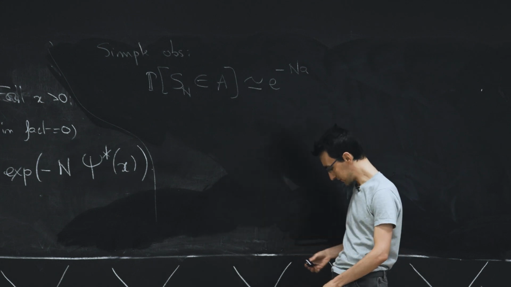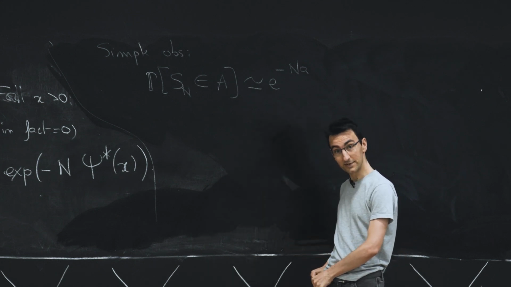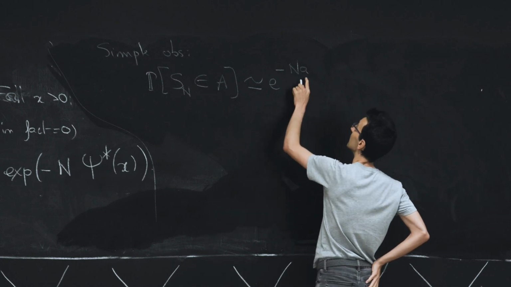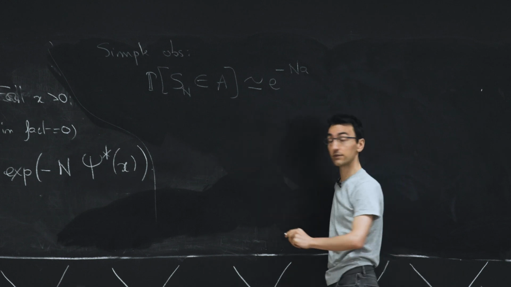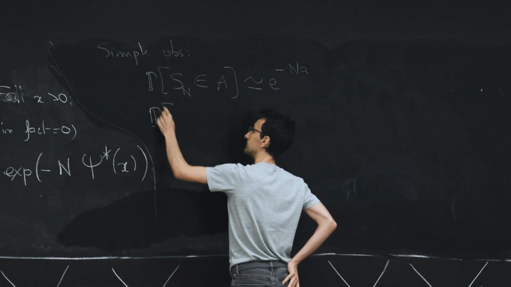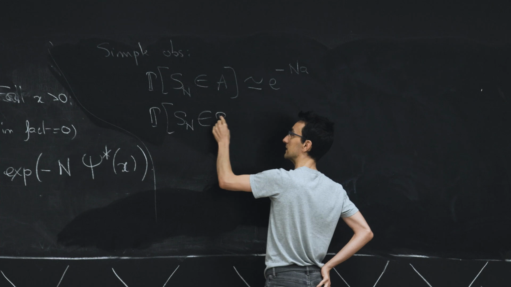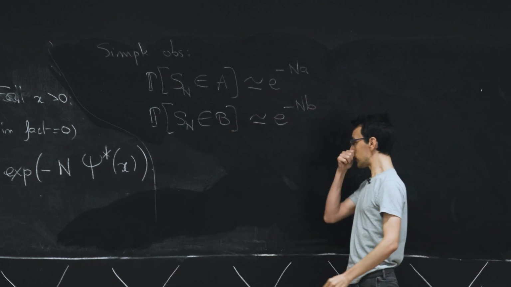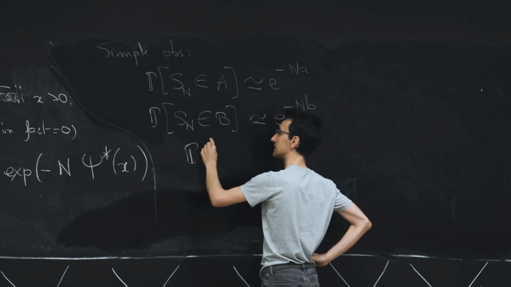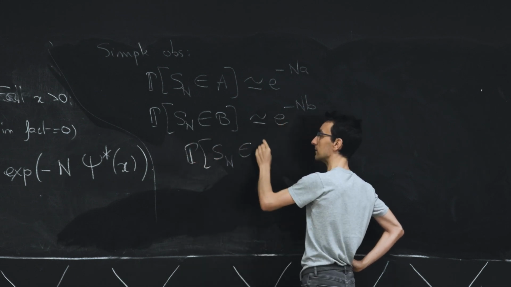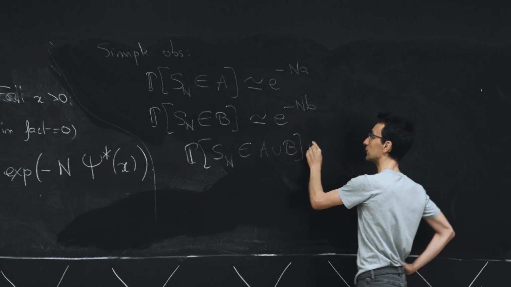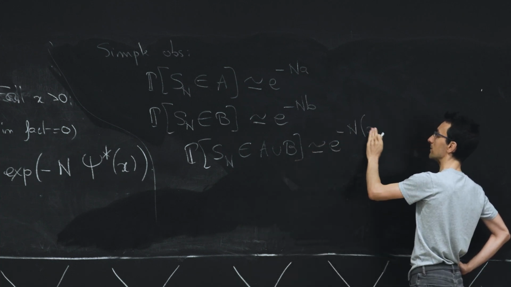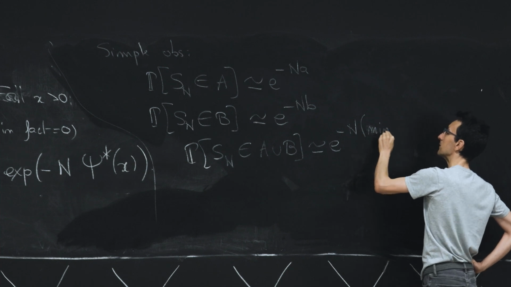Let's say there's some number a and some set A such that this occurs. And suppose you also know that this behaves like this for some other set B. Then if you inquire about the probability that Sn is in the union of A and B, this is just going to be given by the minimum between a and b.